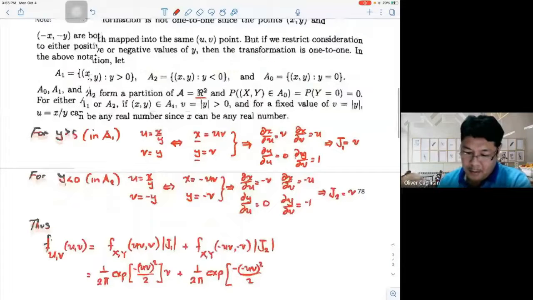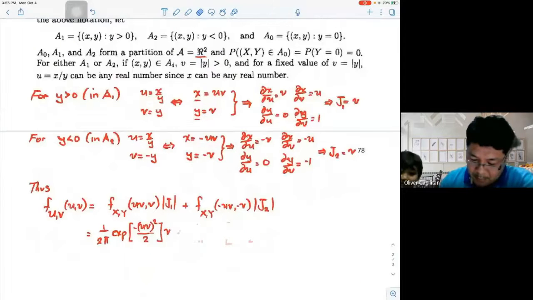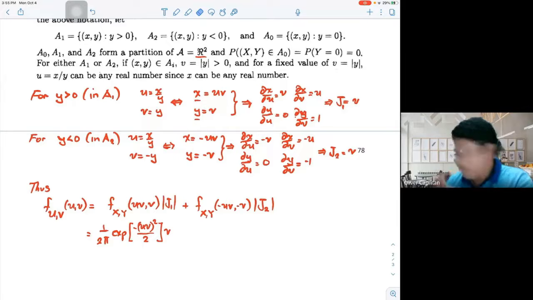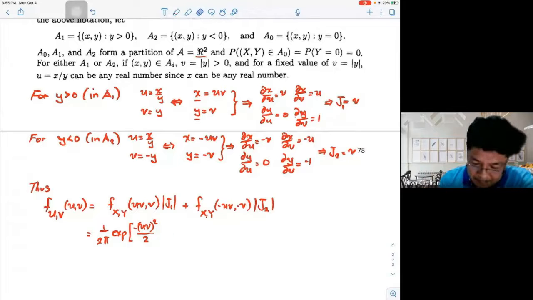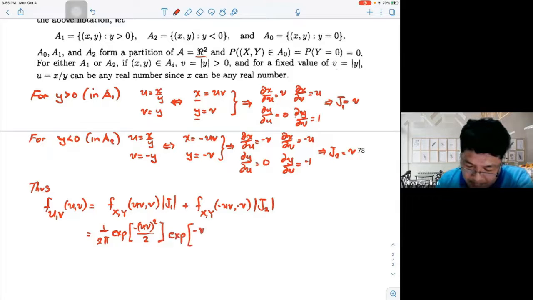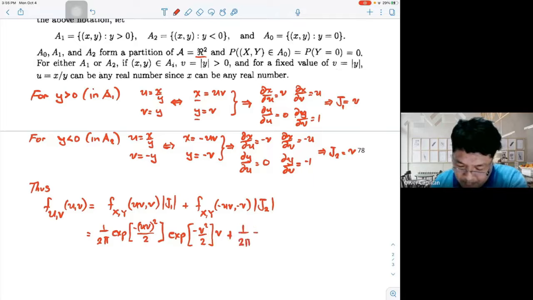Okay, so we are still missing something. The exponential function of the negative of v squared over 2 times the absolute value of v is v, plus our second term, 1 over 2 pi, the exponential function of negative uv quantity squared over 2, and the exponential function of the negative of negative v quantity squared over 2 times v again.